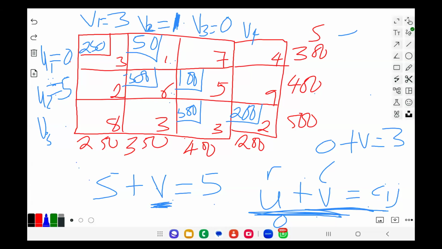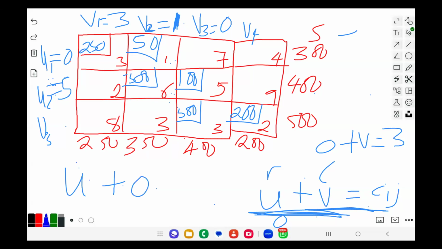Then we can go to the next cell. Our next cell is the one where there's 300. So our U we don't have. U plus V, our V is what? What's our V in that column? It's 0.